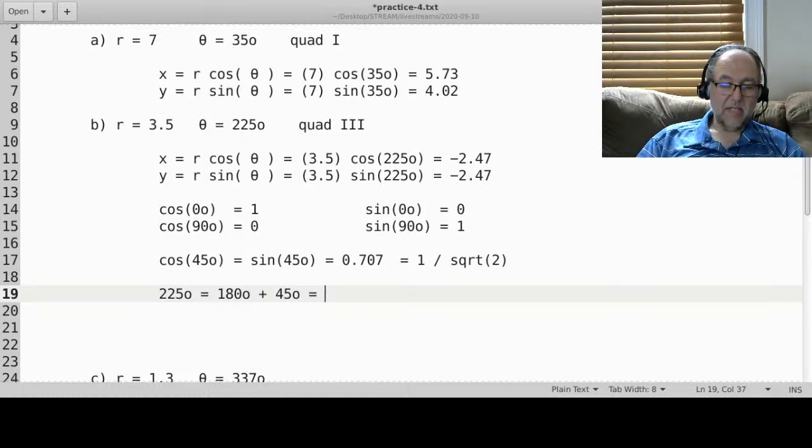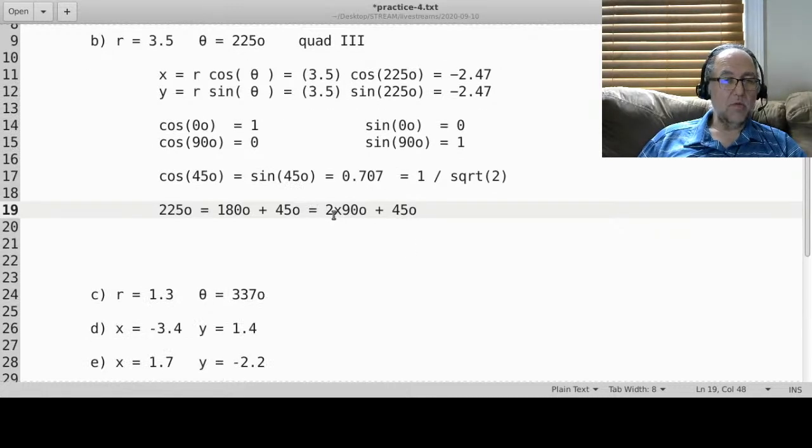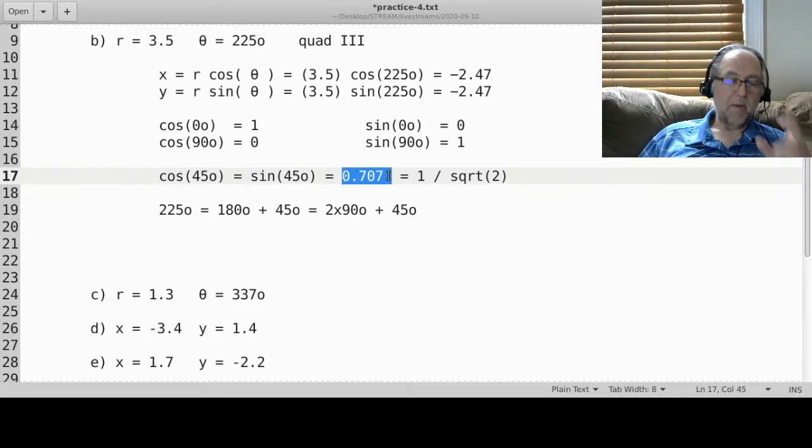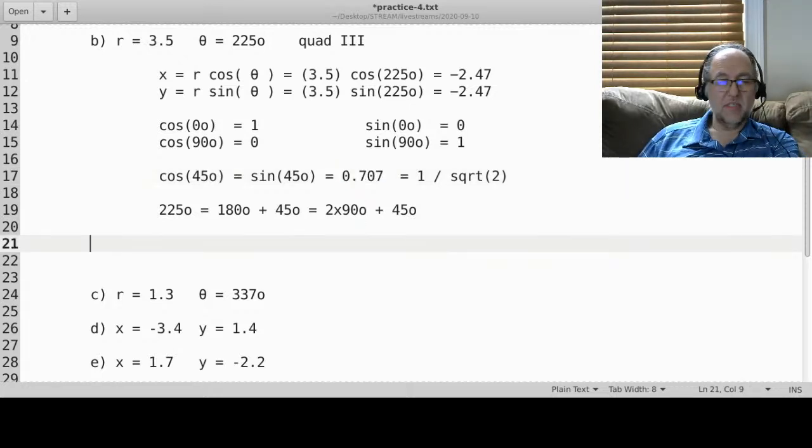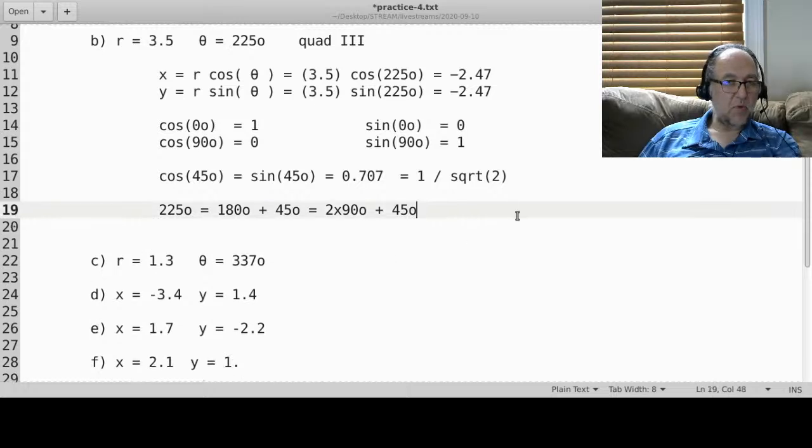And of course, 180 degrees is just 2 times 90. Okay, so you can see there's a multiple of 90 plus 45 degrees. So whenever you have an angle which is a multiple of 90 plus 45 degrees, the sine and the cosine are going to be identical, and it's going to equal this number here with a possible plus or minus in front. Okay, so just a pattern that you should see when you do these problems.